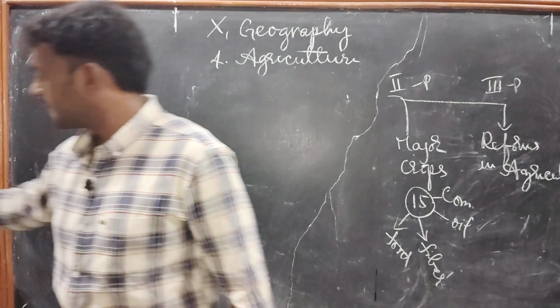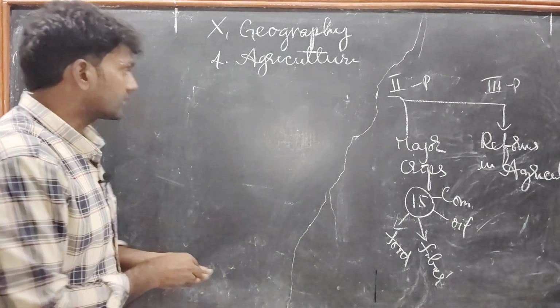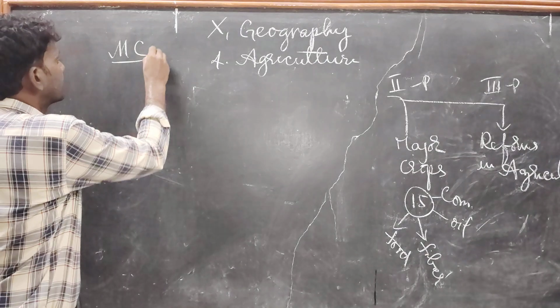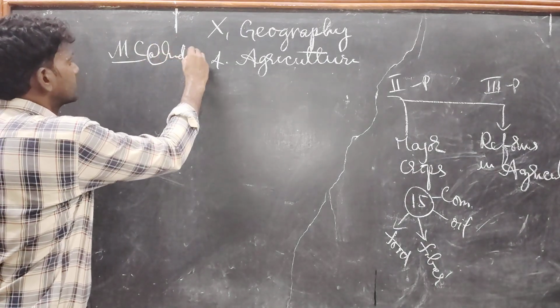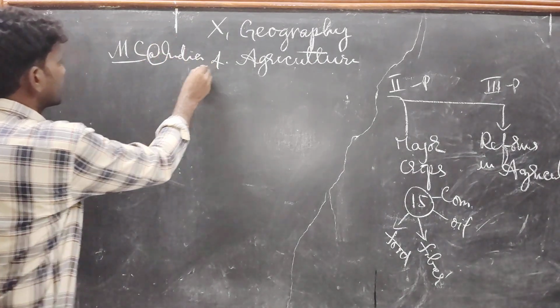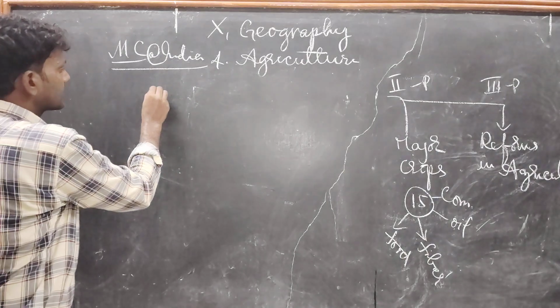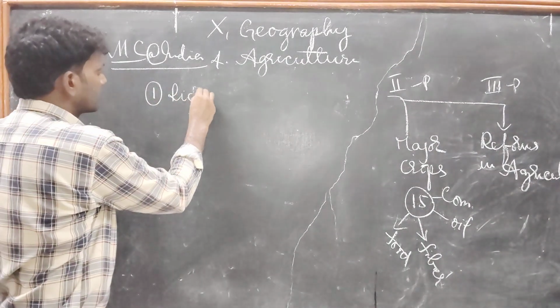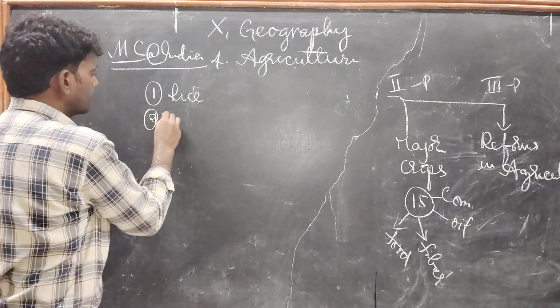See here, we already discussed what the major crops in India are. First crop, rice. Second, wheat.